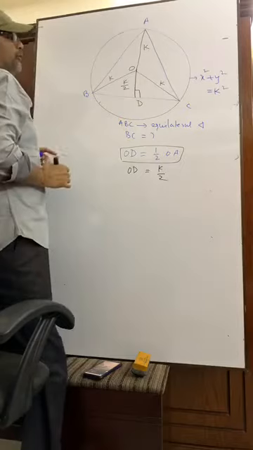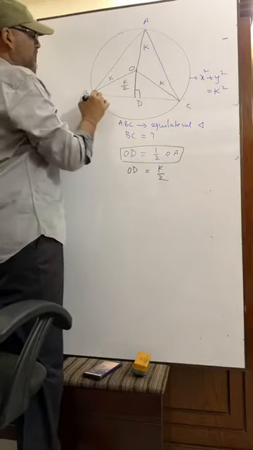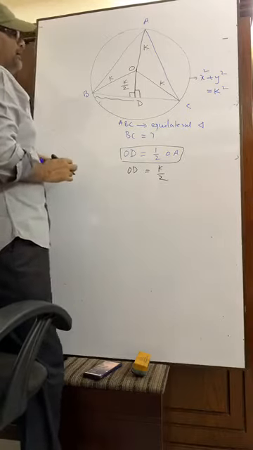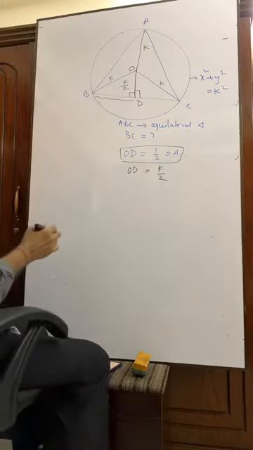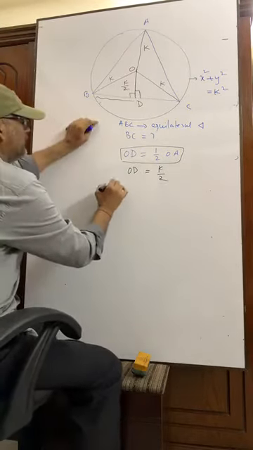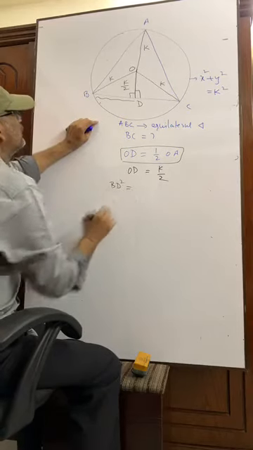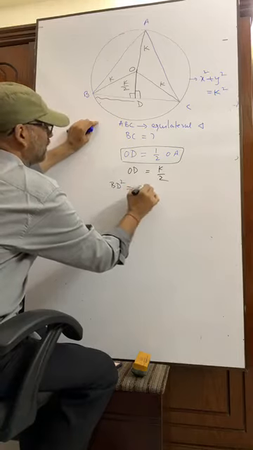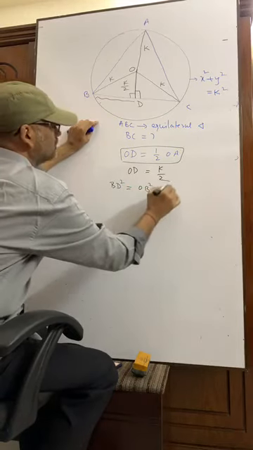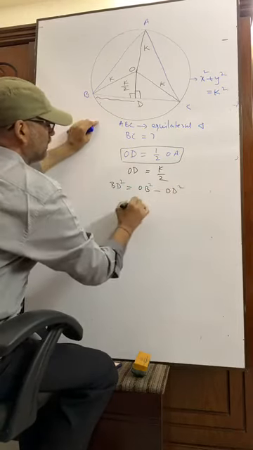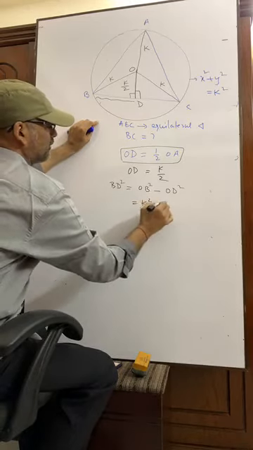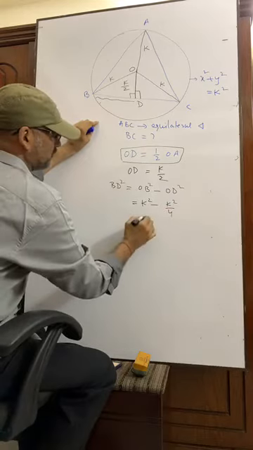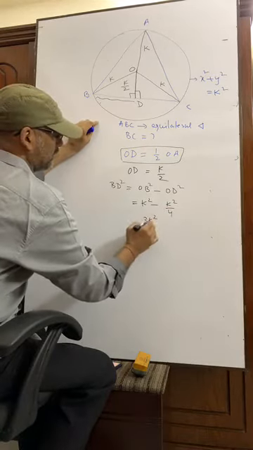Now this is K/2. So using Pythagoras theorem, we can determine BD. BD square equals to OB square minus OD square, K square minus K square by 4, that is 3K square by 4.